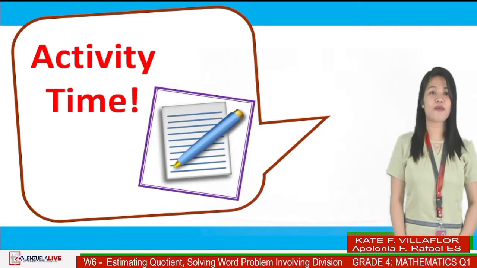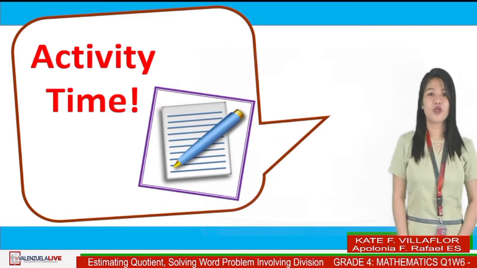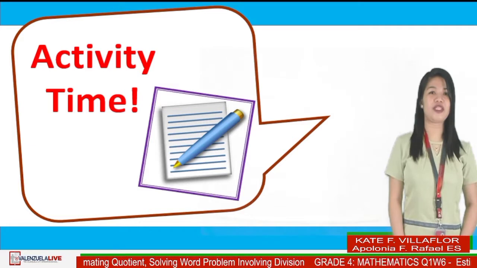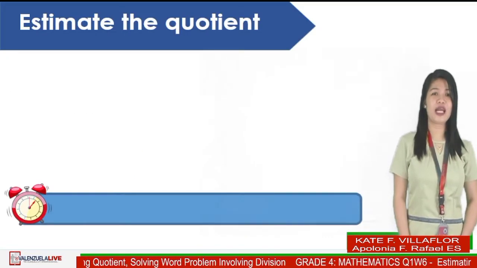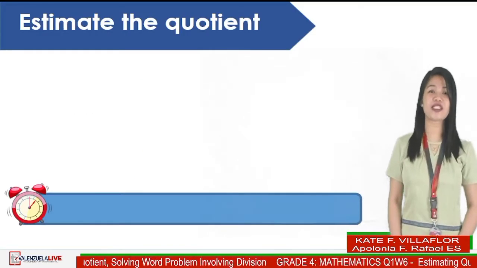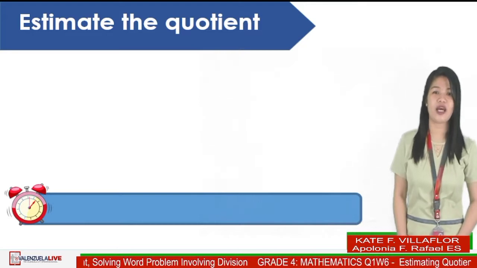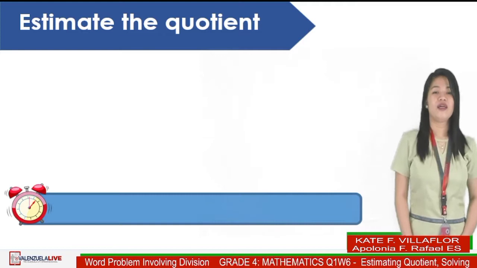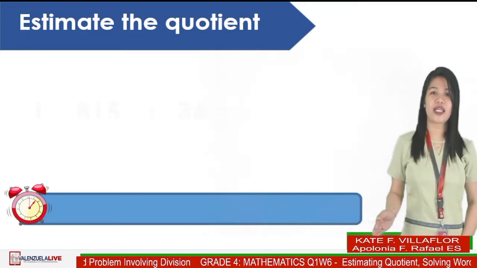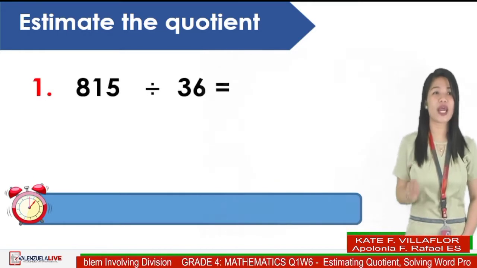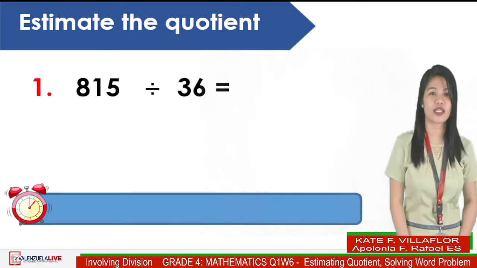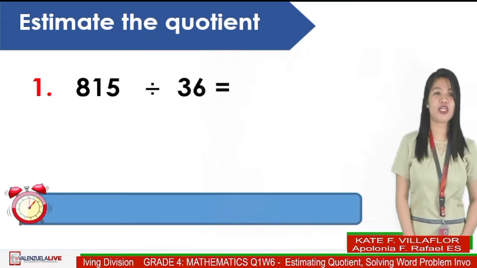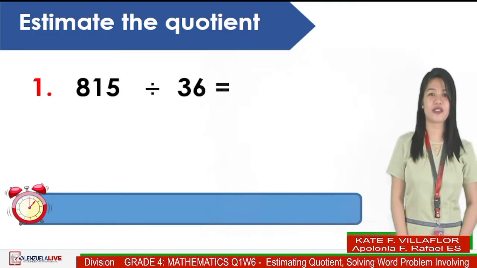Bring out your pen and your notebook to answer this activity. I will give you 5 seconds to answer. What you're going to do is to estimate the dividend and the divisor first to find the estimated quotient. I will give you 5 seconds to answer.